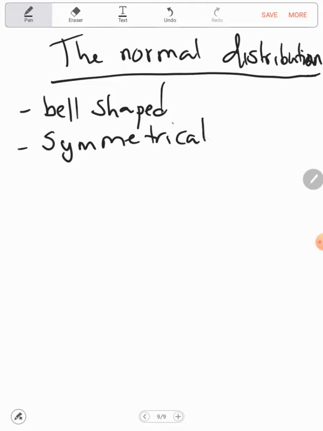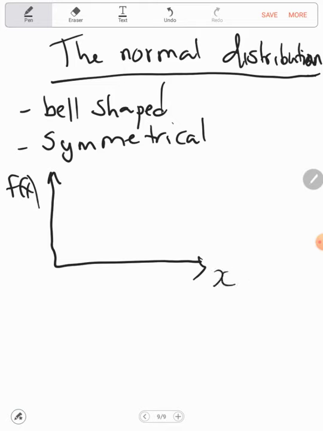Symmetrical just means it has a mirror line. The other side is equal to the other. So this is how we represent the normal distribution. These lines, the endpoints, don't touch the x-axis.